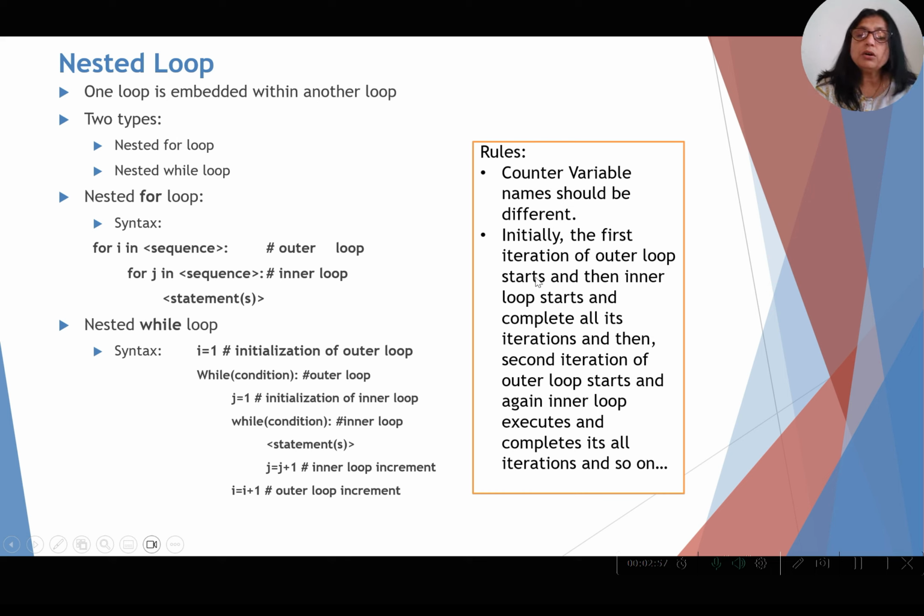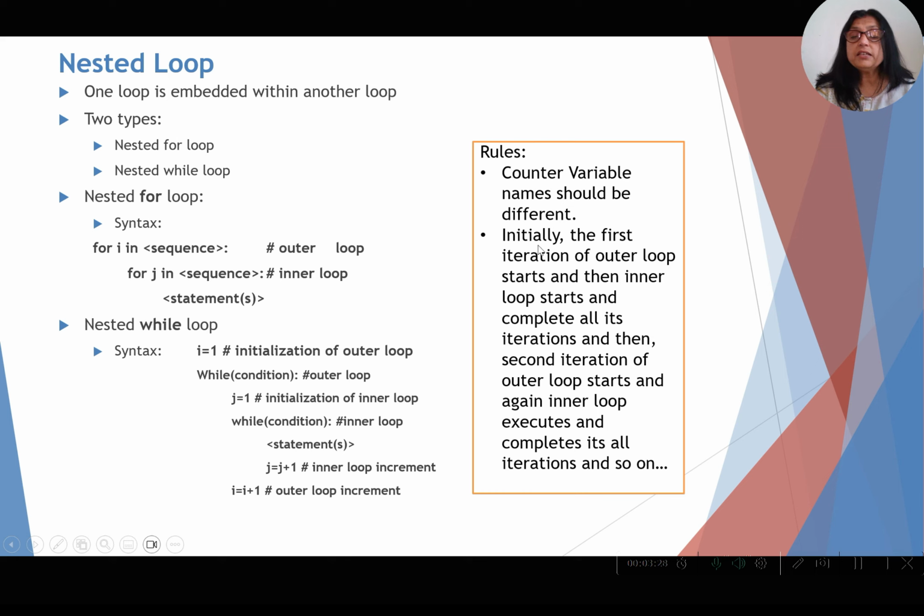And how does it work? Initially the outer loop starts executing. After the first pass or iteration, the inner loop is triggered and starts to execute. When the inner loop starts executing, all its iterations need to be completed before going to the next iteration of the outer loop.